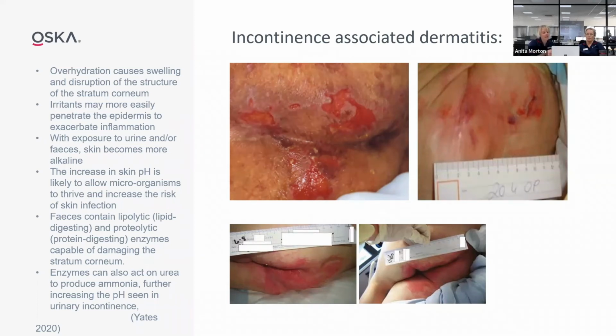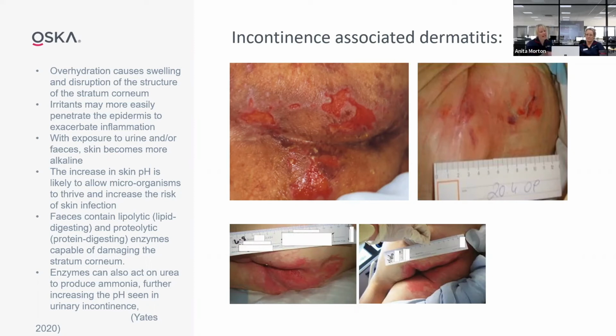And what it does do then is it exposes the stratum corneum, so the top layer of the epidermis, sorry. And it exposes it to bacteria, to toxins, and that ultimately irritates the skin. And then we end up with this red, excoriated, really painful, almost like a burn-like looking skin. And that's so uncomfortable for our patients in residence.